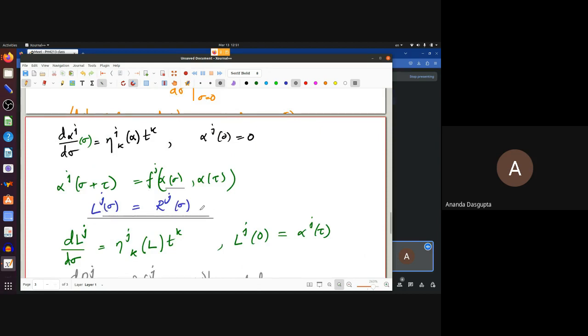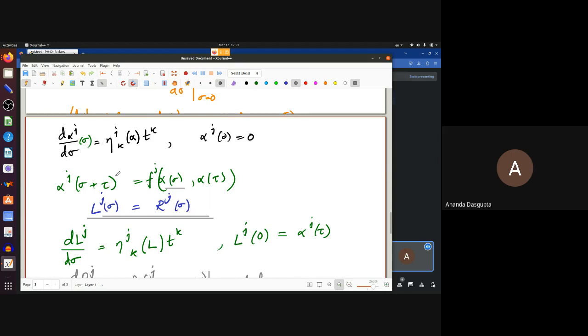So they are essentially the same. Which means that if your functions alpha j of sigma are solutions of this, then the one parameter subgroup equation is satisfied, and you definitely have found the genuine one parameter subgroup.